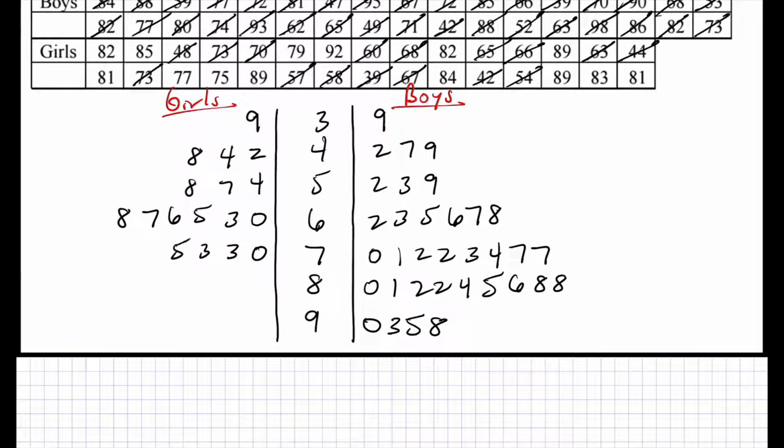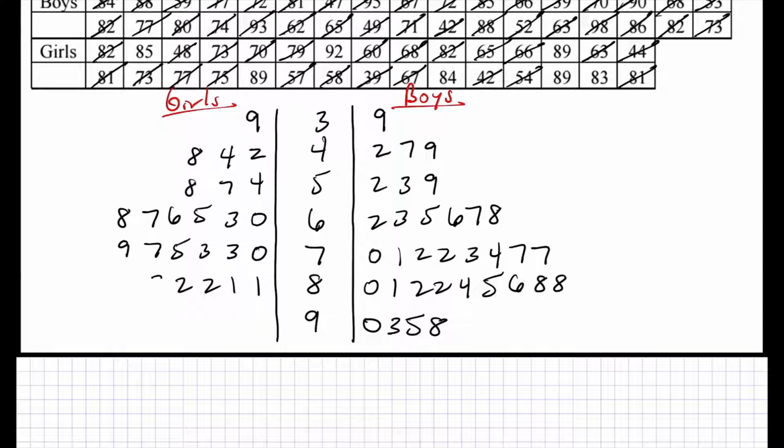A 75. A 77 and a 79. 80s, we start with 81. 2 81s. 82. 2 82s? Yes, 2 82s.